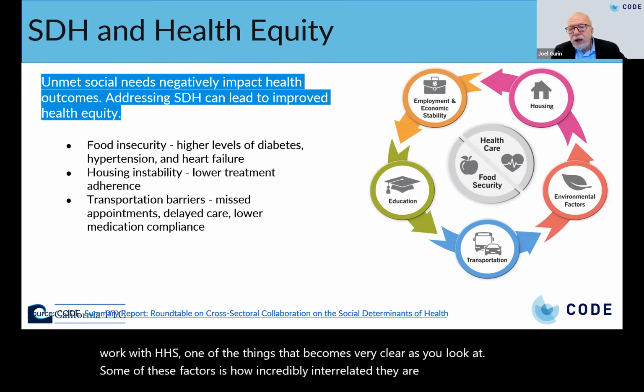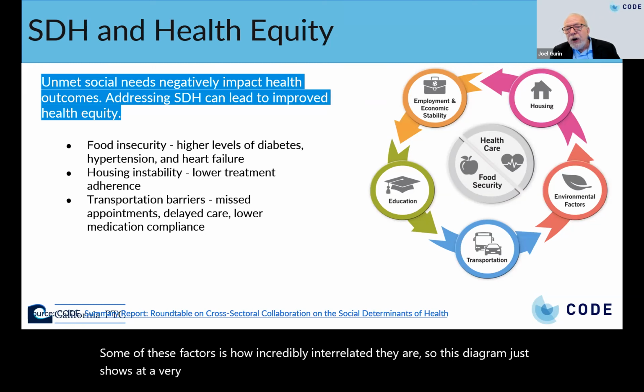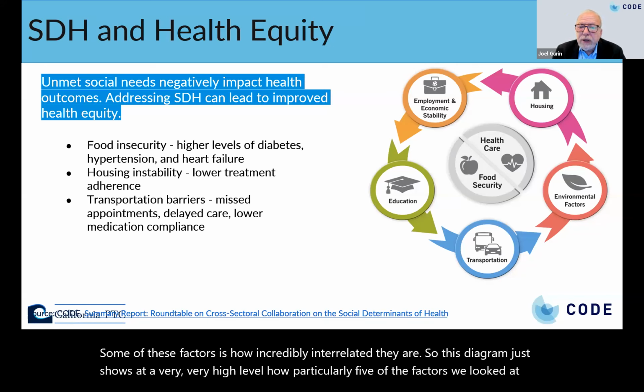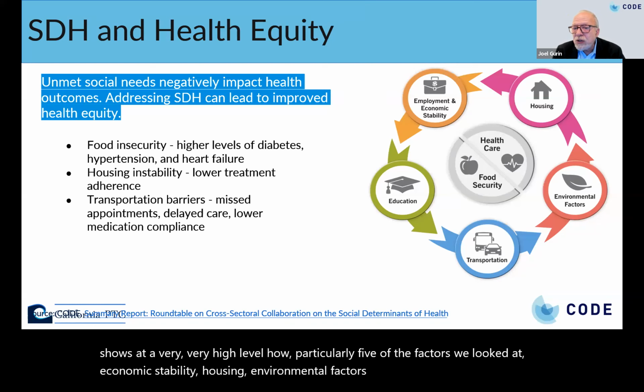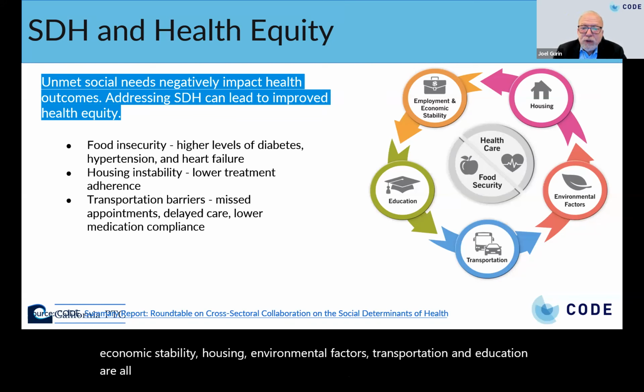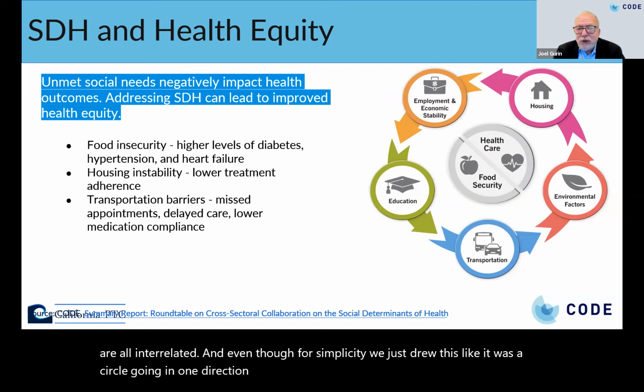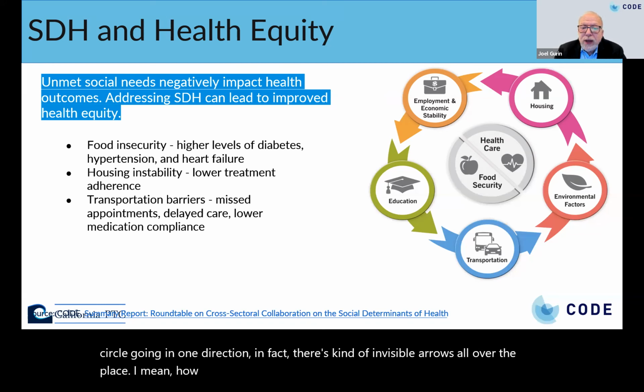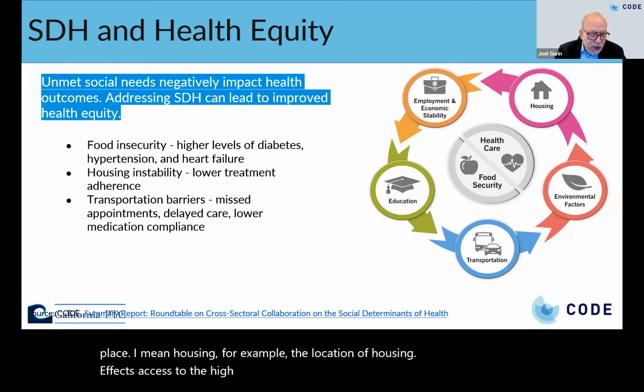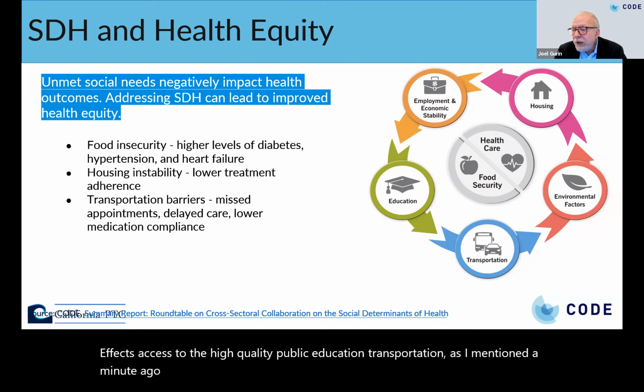So this diagram just shows at a very high level how particularly five of the factors we looked at, economic stability, housing, environmental factors, transportation, and education, are all interrelated. And even though for simplicity we just drew this like it was a circle going in one direction, in fact, there are invisible arrows all over the place. For example, the location of housing affects access to high quality public education. Transportation, as I mentioned a minute ago, affects your employment options. So all of these are interconnected.